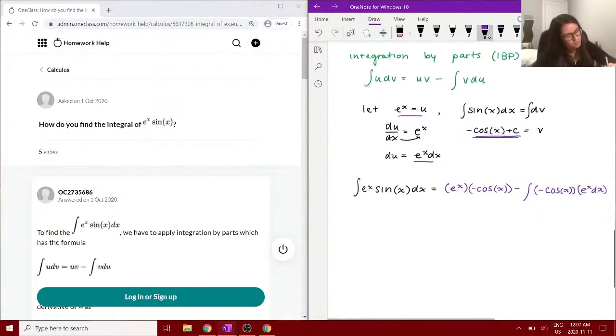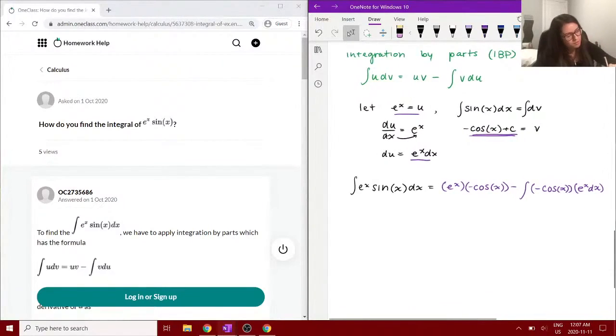Okay, so now that we have this, I'm just going to simplify it slightly so that we get rid of all these brackets. I just left them there so you could see which parts were u and which parts were v. We don't need them right now.